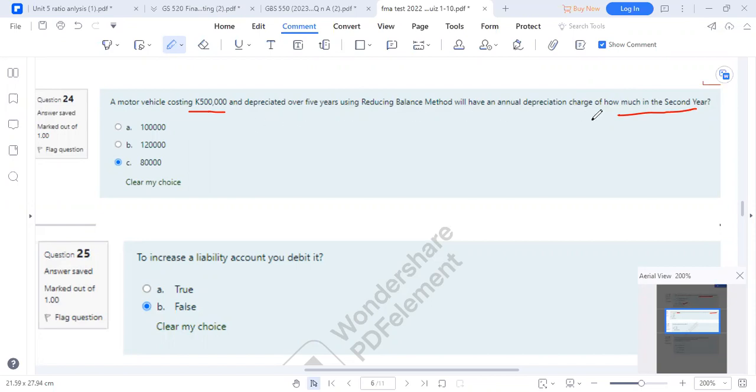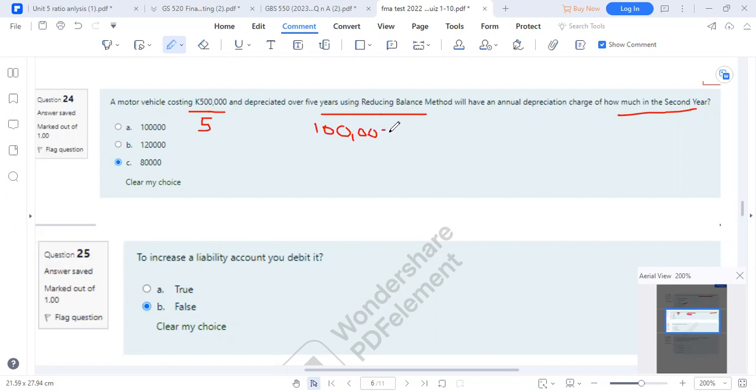When we divide 500,000 by 5, we're going to get what? 100,000.